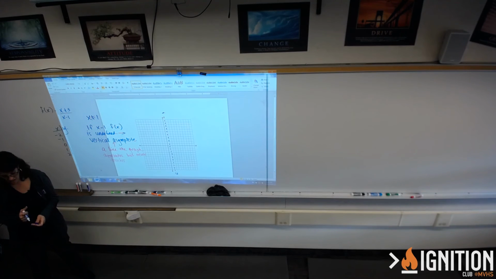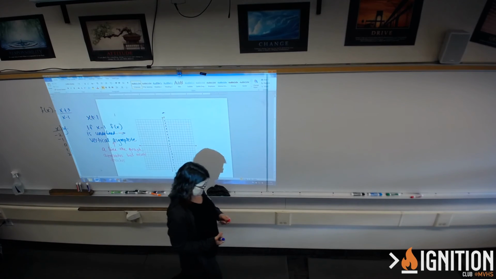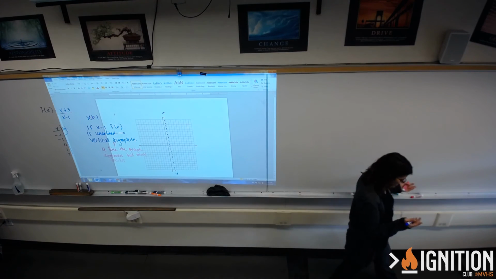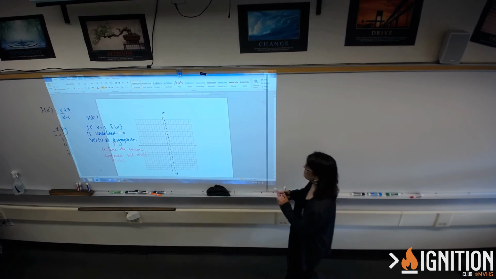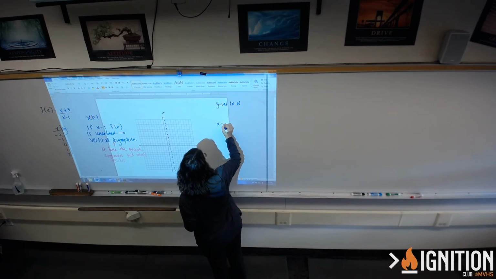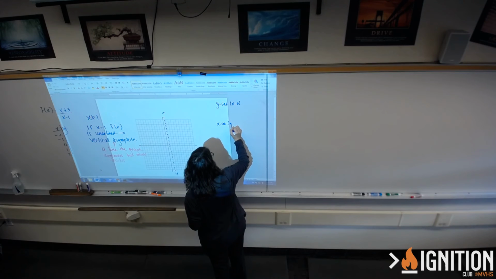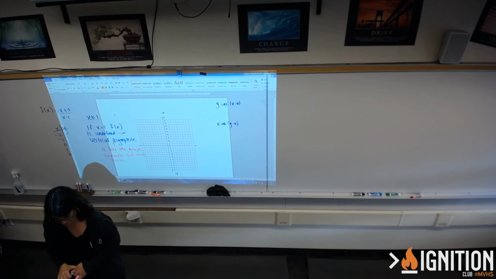Doesn't really help me a ton about what the graph looks like. So let's find some other key intercepts we've been doing forever. So if I want to find what, okay, find those.